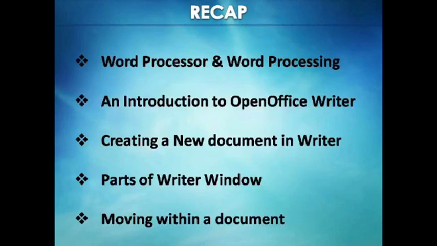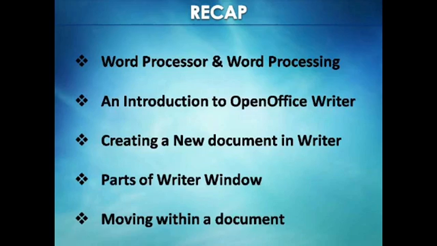In this section we discussed the first part of chapter 6, that is Introduction to Word Processor. Under this topic, first we discussed the definition of word processor and word processing. As we discussed in Zoom class, word processor is a software. Word processing is an activity.